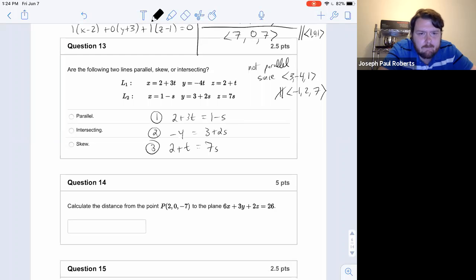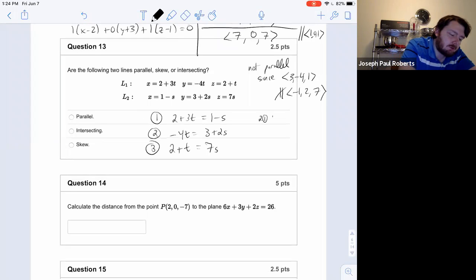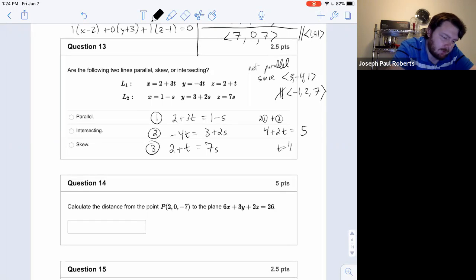Okay, and then I guess we need to solve this system. We could do 2 times equation 1 plus equation 2 to cancel out the s's. That's going to be 4 plus 2t equals 5. So t equals 1/2. I plug that into equation 1.